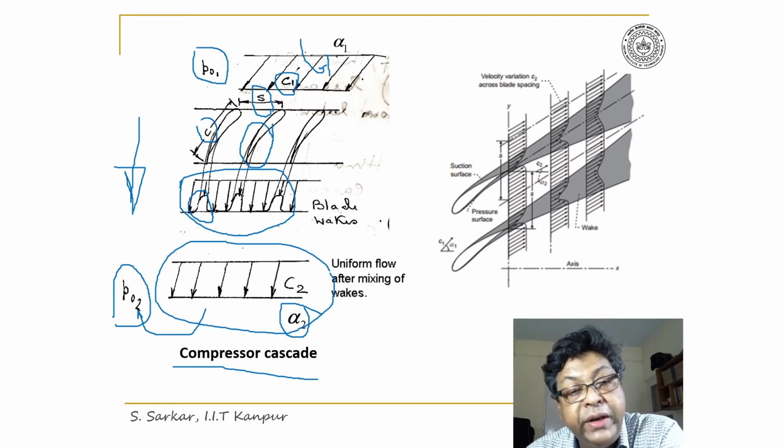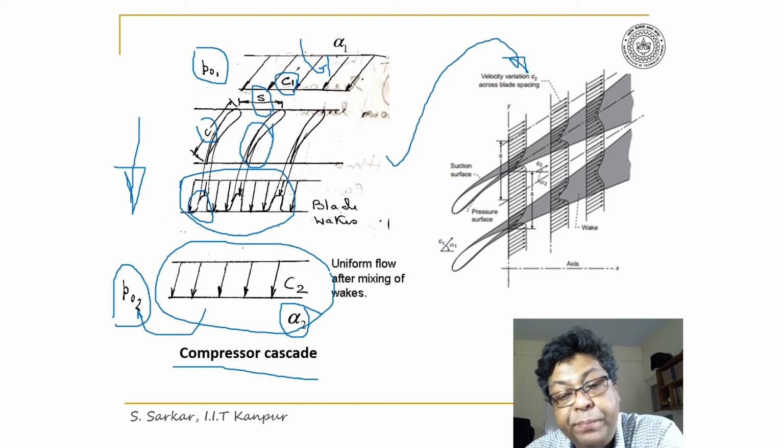What I have explained here is the formation of boundary layer and wake behind the blade, explained here by another figure so that you can appreciate. I have indicated the shaded region on the blade surface, illustrating the viscous layer, the formation of boundary layer.